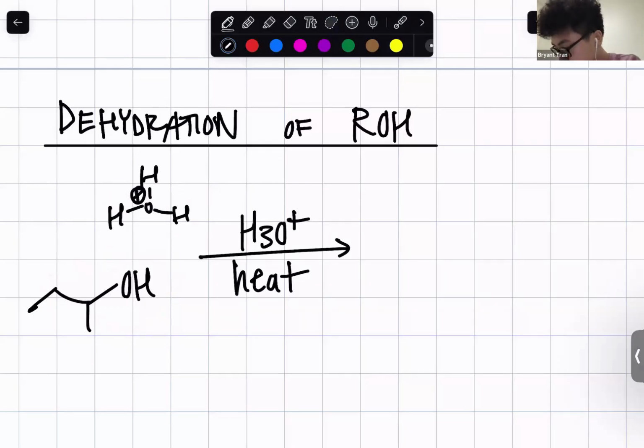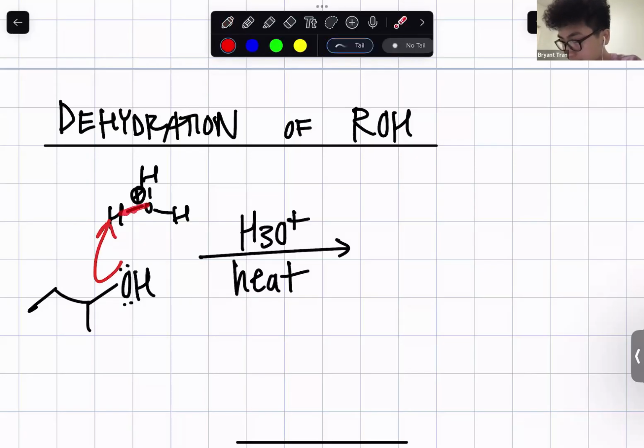To draw out the mechanism, this oxygen on the alcohol has two pairs of electrons. It's going to use one of its pairs of electrons to grab that H. The bond between the H being grabbed and the oxygen has two electrons, which break off onto that oxygen, forming the water molecule, H2O.